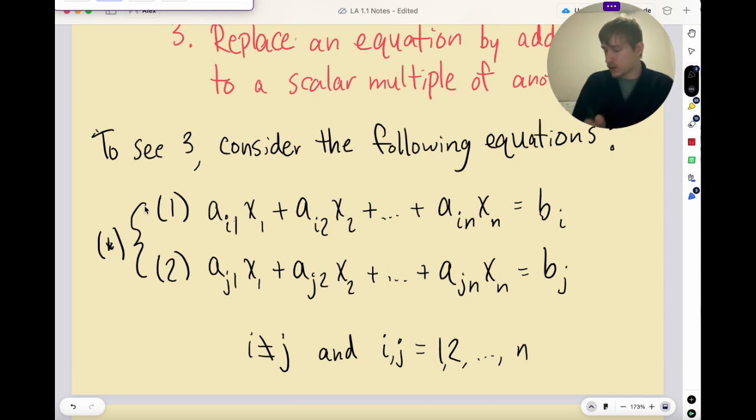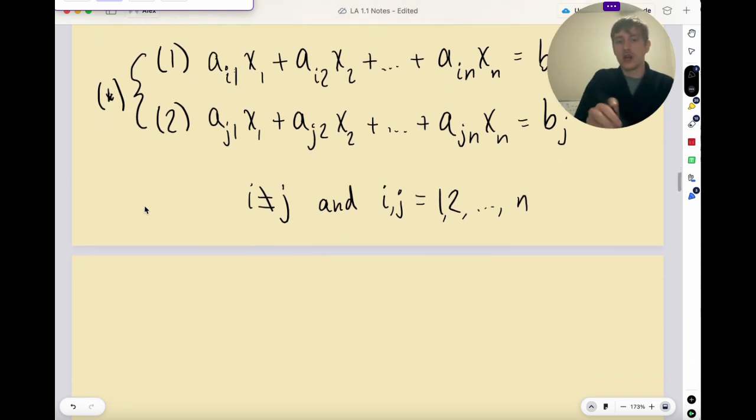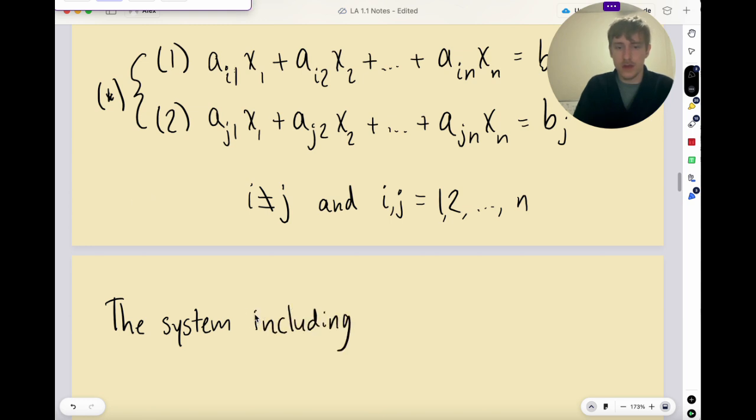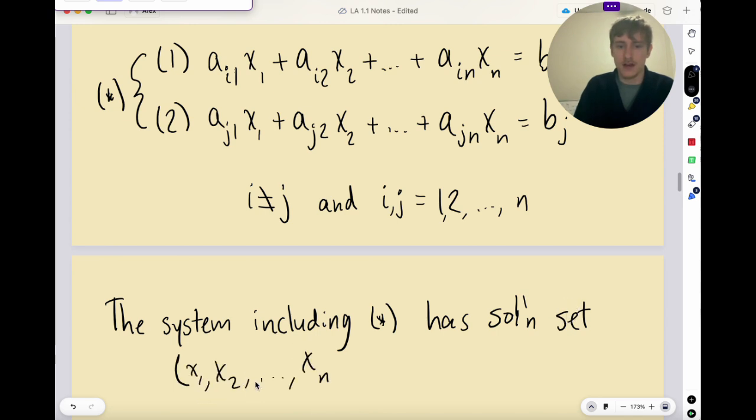So we'll say that the system, including the 2 equations that I've denoted star, has solution set x1, x2, all the way up to xn. Those are the unknowns, and of course they're going to be replaced with something, but those are the unknowns that solve both of those equations.